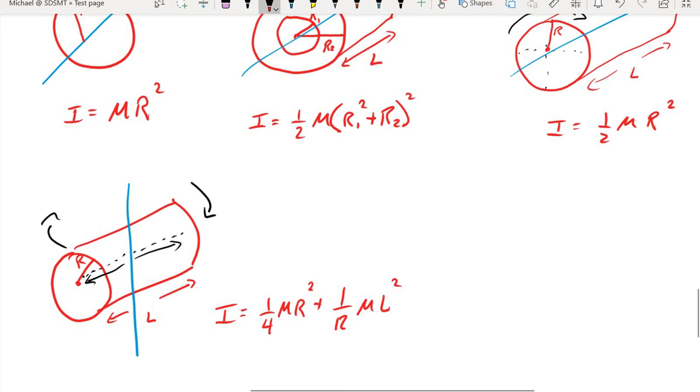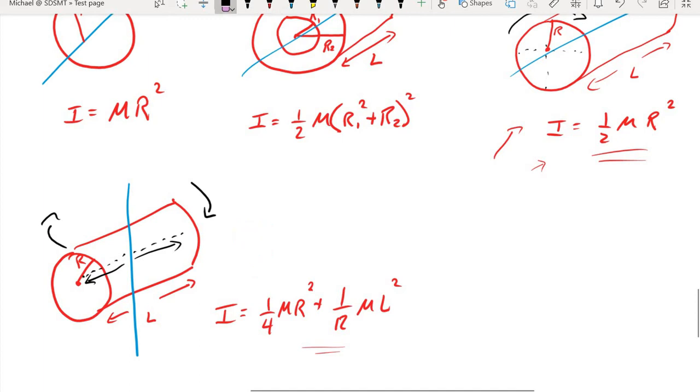But if you compare the inertia here to the values that you're getting here, depending on the actual length of that cylinder, this inertia is going to be quite a bit higher than what this inertia was. It's going to be more difficult to rotate this cylinder than it is to rotate that cylinder.